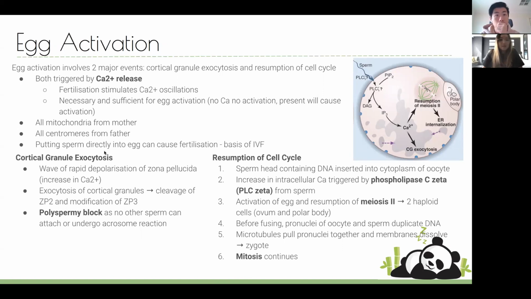So these 2 major events, firstly, cortical granule exocytosis, basically a wave of depolarization. So an electrical current goes through the zona pellucida due to an increase in calcium. And then that causes exocytosis, or release of cortical granules. And that causes cleavage of your ZP2 and modification of your ZP3.